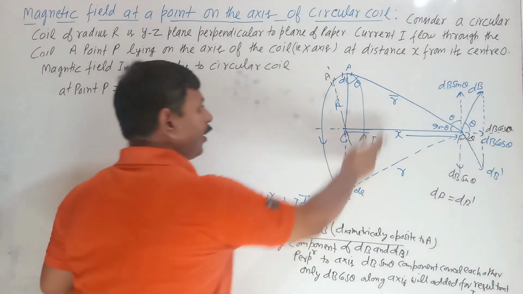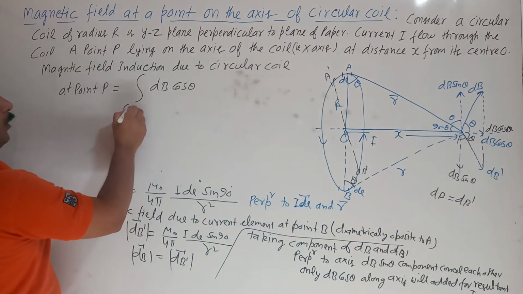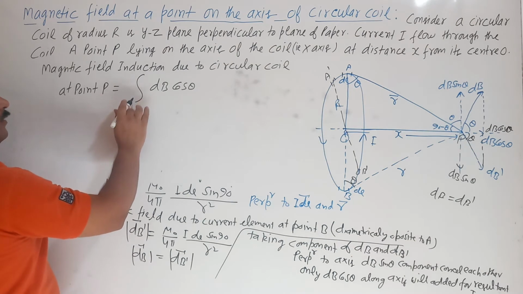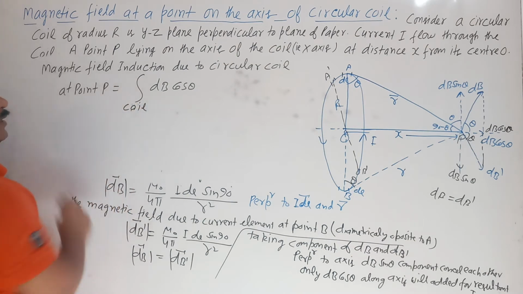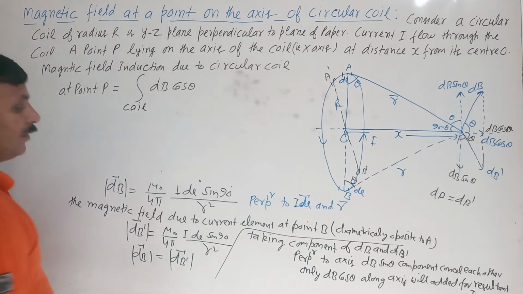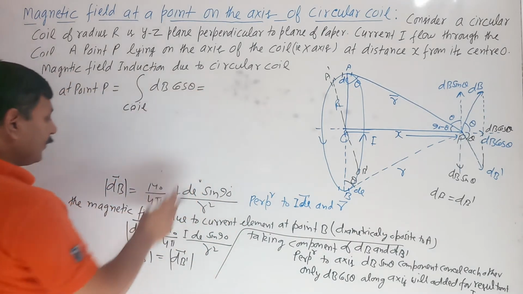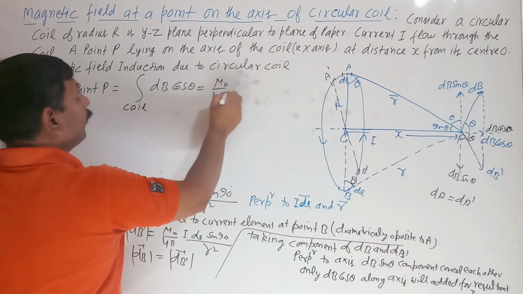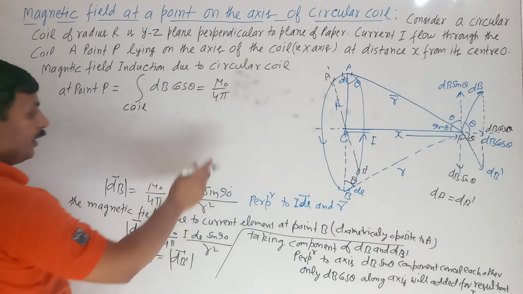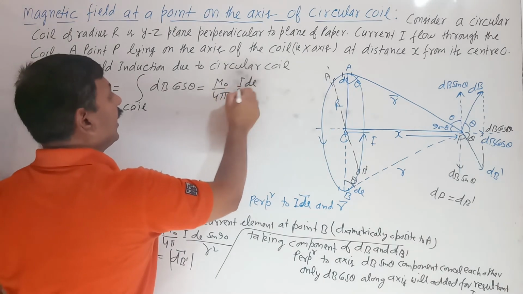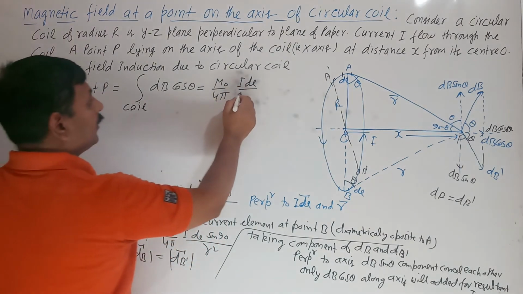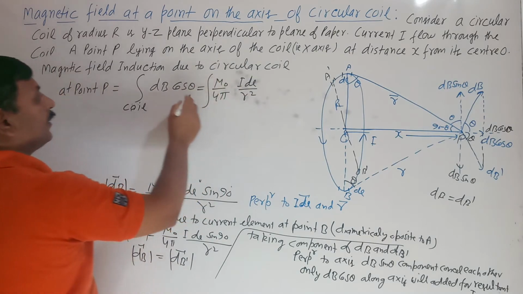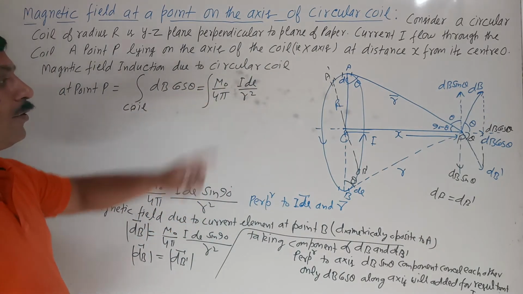For the whole circular coil, the circumference of the whole coil, the summation of dB cos theta. What is dB here? dB is mu naught upon 4 pi, I dl upon r square, and cos theta.